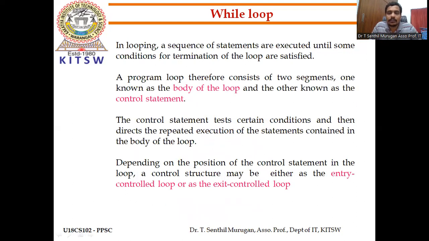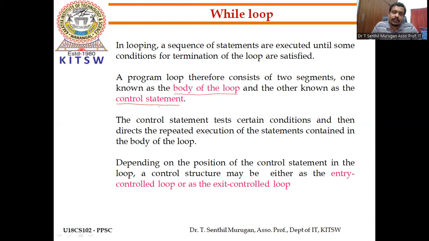The same kind of operation, how can we perform it with the while loop and do while loop? Whenever we write a looping statement, there are two important points to consider. One is the control statement, and the other is the body of the loop.